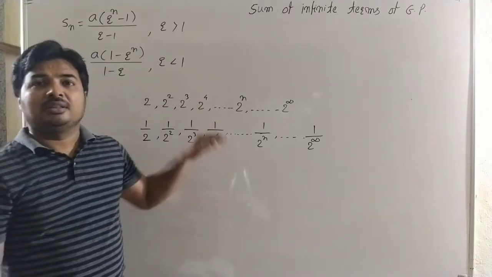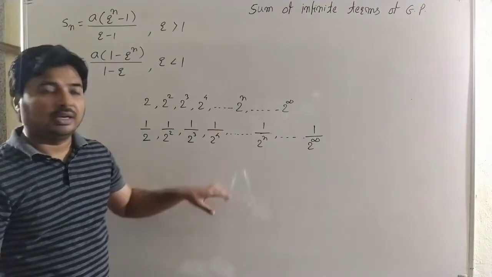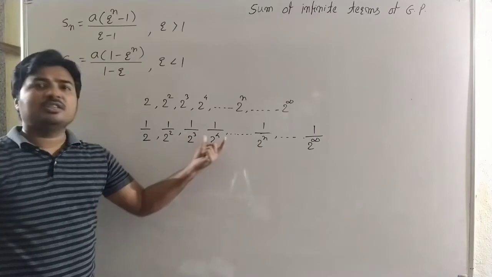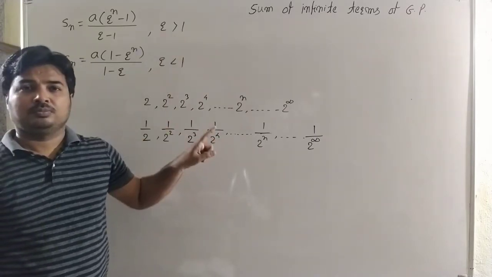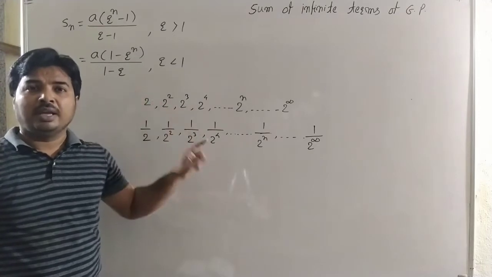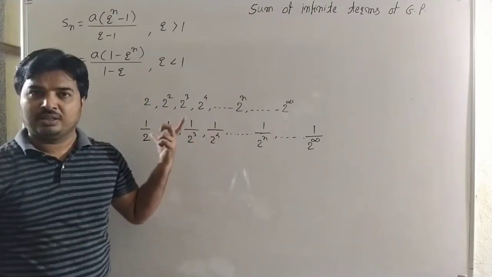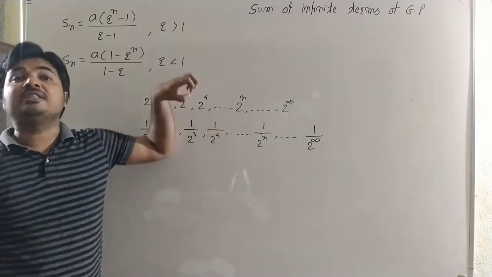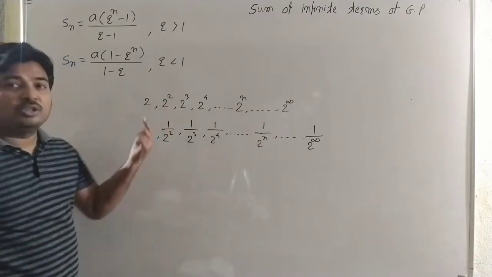That means the sum of the infinite terms exists when the sequence is decreasing, and this sequence is a geometric progression. So the sum of the infinite terms exists only in a decreasing geometric progression, that means the common ratio is less than 1. Here the common ratio is 2, and here it is 1 by 2.